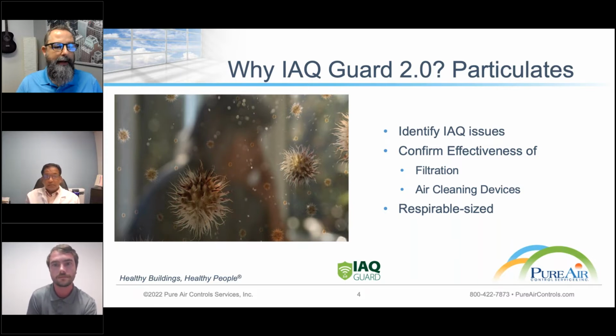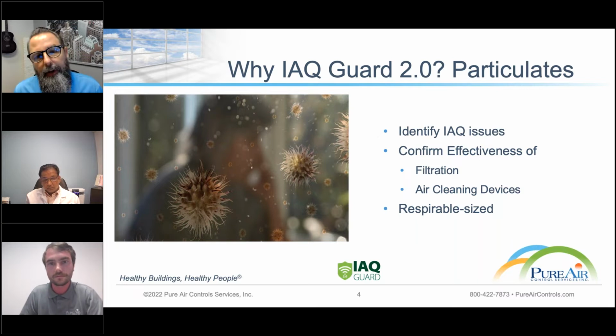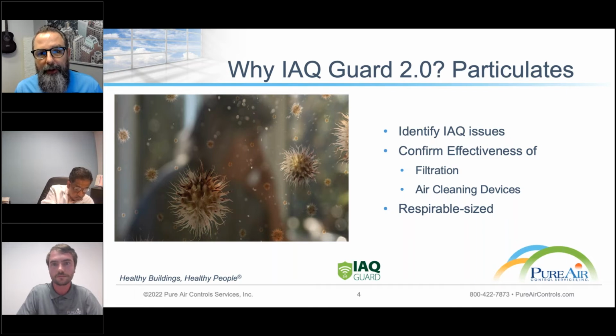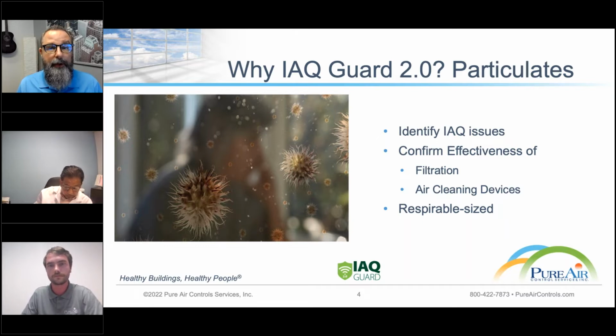Yeah, I think that's great. I think another good baseline check is to look at the effectiveness of your filtration or air cleaning devices. Throughout the pandemic, many facilities have upgraded to higher efficiency filters, which is a good thing, of course.